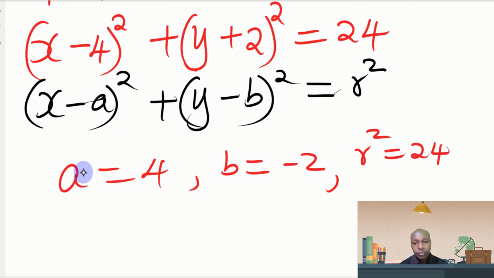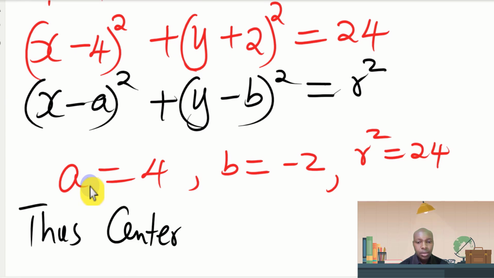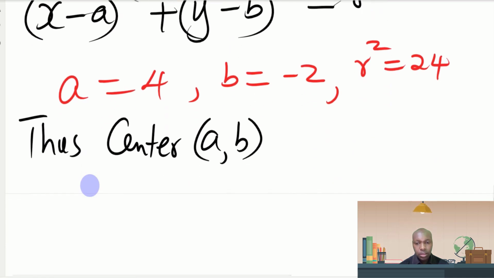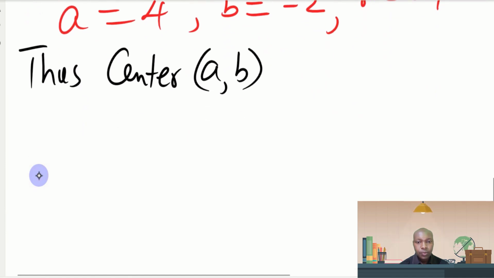Therefore, we said that the center is (a, b), and if a is 4 and b is negative 2, the center is (4, negative 2).